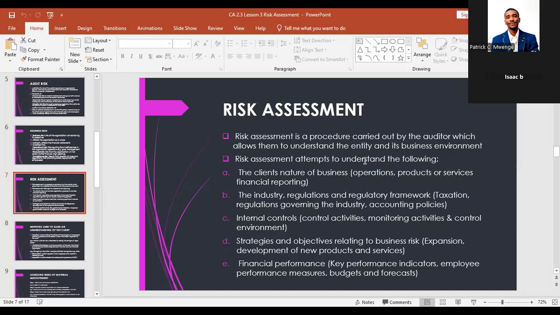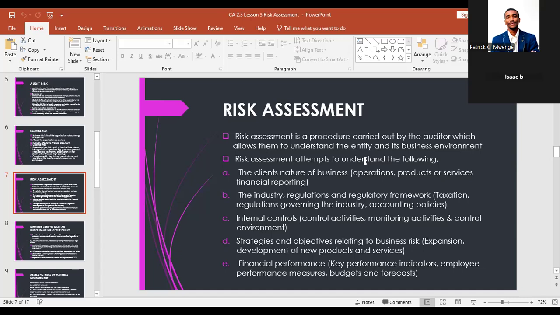Then two, we need to understand the industry, the regulations, and the regulatory framework. So right, we need to understand that entity's industry. What industry is it operating in, right? Is it a service industry, or is it a service business? Is it a product-based business? Is it in the banking sector? Is it in the transport sector?